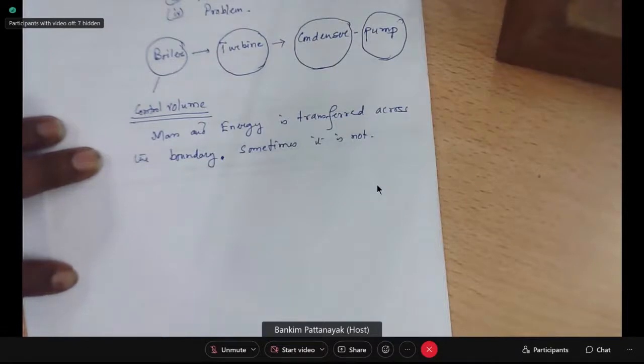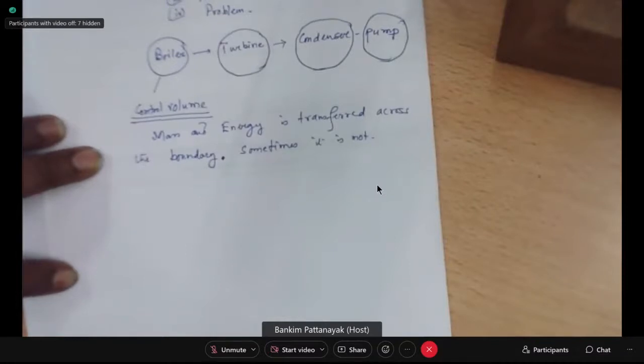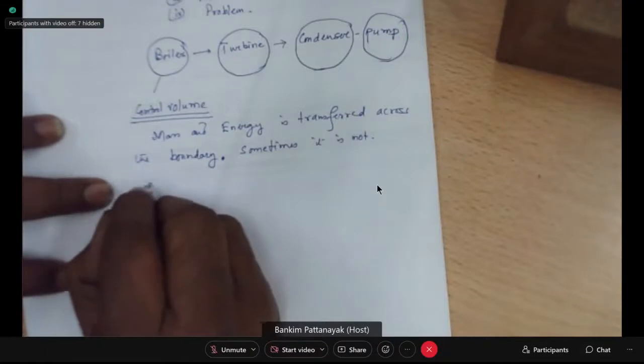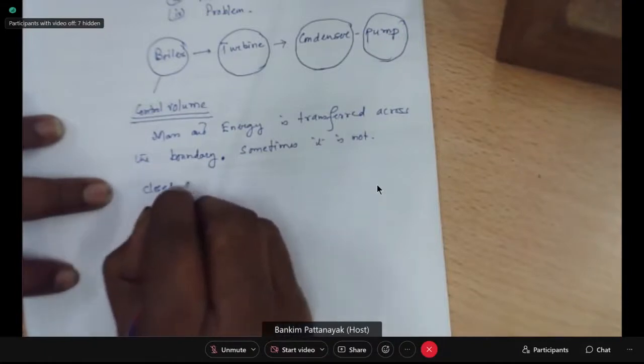In the thermoflask, you want to keep your hot coffee or hot tea hot. In this freezing atmosphere, you want to keep it hot. That means you want the energy contained in that flask not to cross the boundary. That is a closed system.